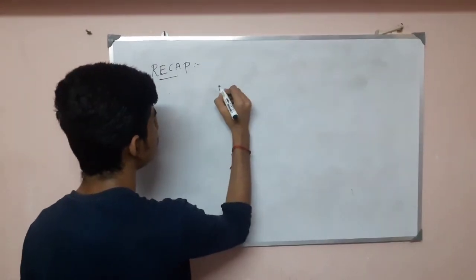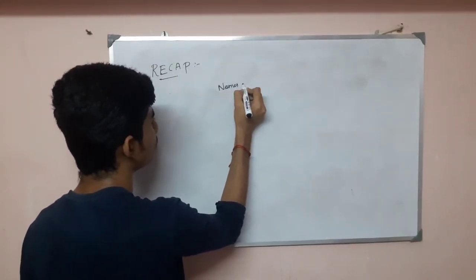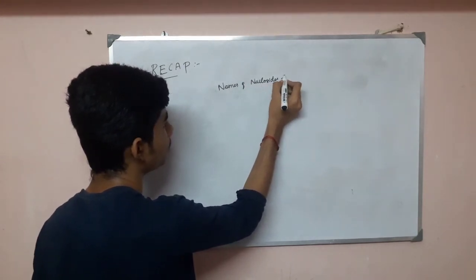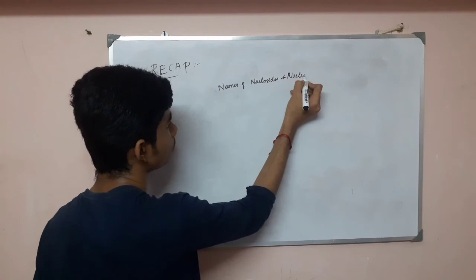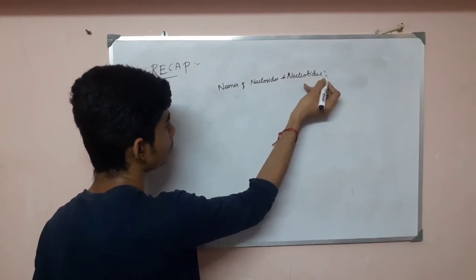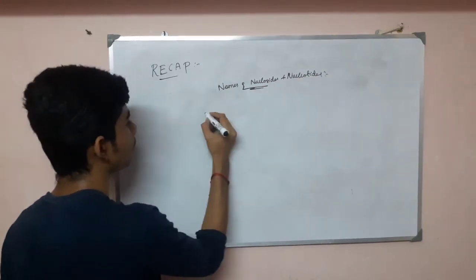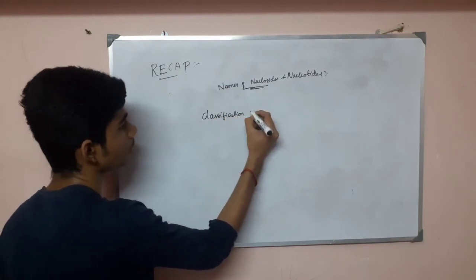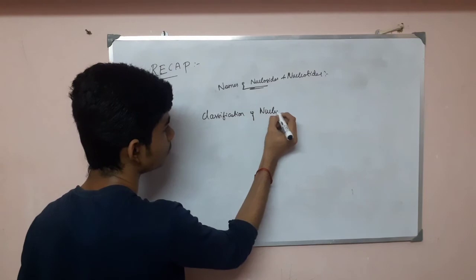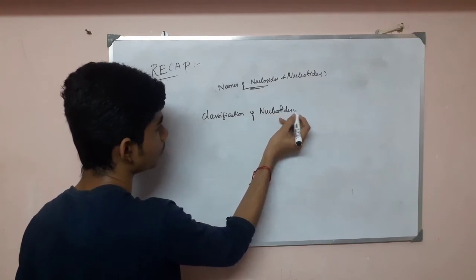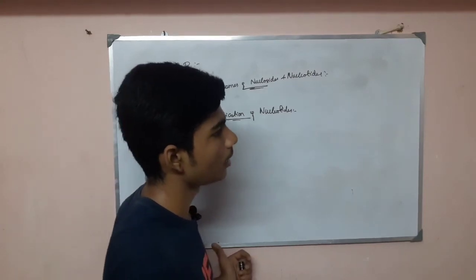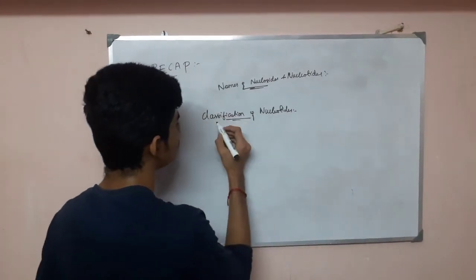In this session we have seen the names of nucleosides and nucleotides, and the classification of nucleotides, that is adenosine nucleotides, guanosine nucleotides, uridine nucleotides and cytosine nucleotides.